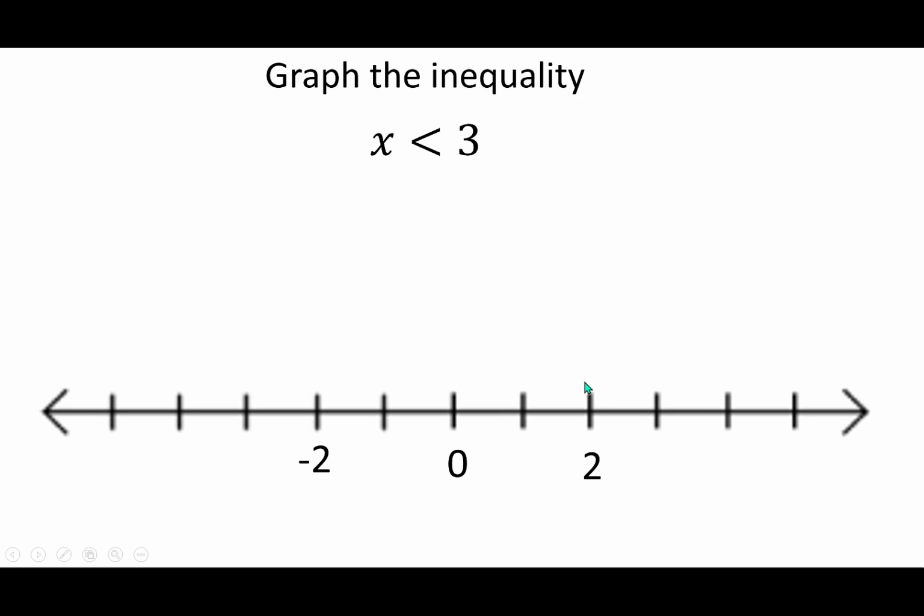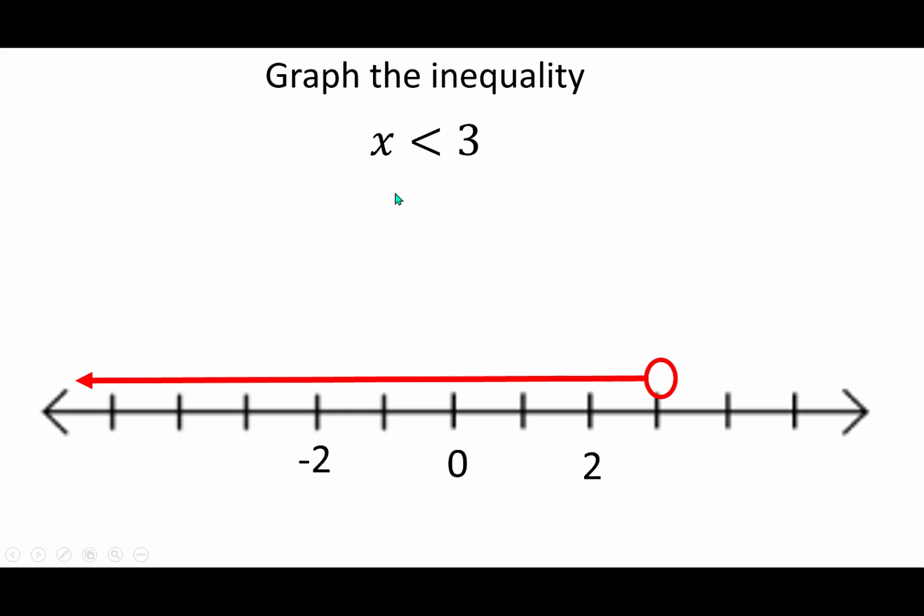All right, looking at the next one, x is less than 3. So again, less than is an open circle at 3. Now, because it's less than, I want the numbers that are smaller than 3, and those are going to be to the left. The reason we're shading, and I forgot to mention this with the first example, is because we have more than one solution.